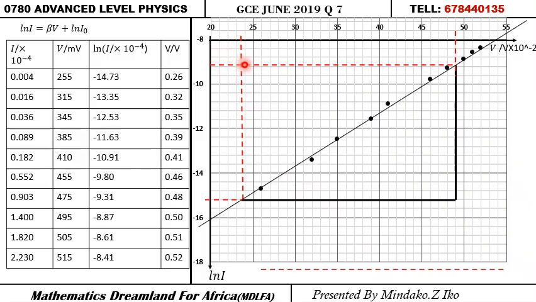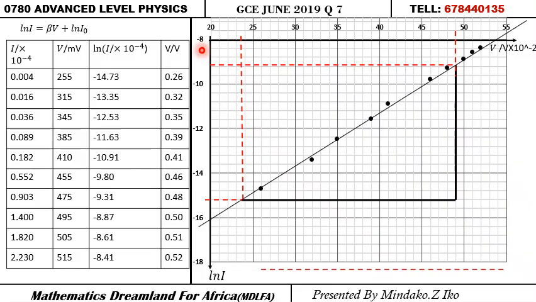When I was extrapolating, this line actually falls on this small line down here. So this is number 1, 2, 3, and 4. This line falls on the number 3 line. That is why you take 0.4 times 3, which is 1.2, and then you add it to this value, negative 8.